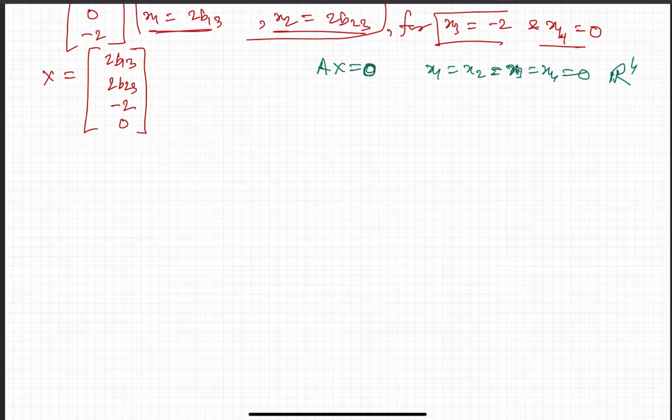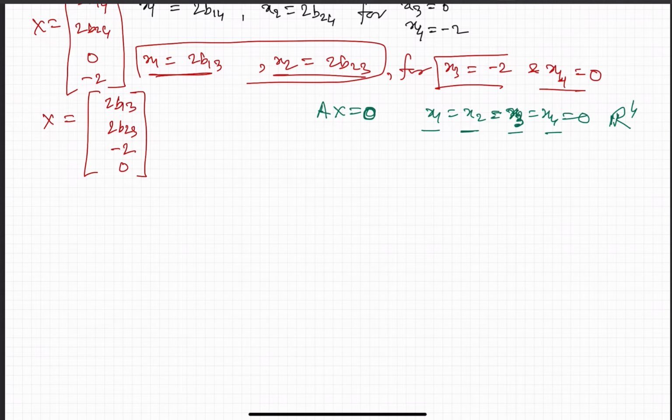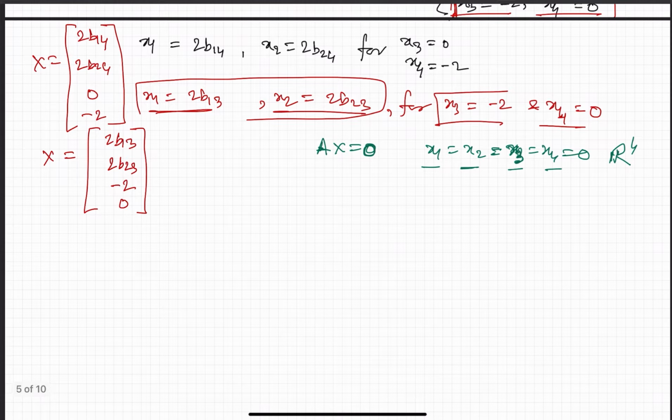But for a non-trivial solution, that is if at least one of these is non-zero, then there would be infinite number of solutions for x1, x2, x3, x4. So we have almost covered linear independence and linear dependence.